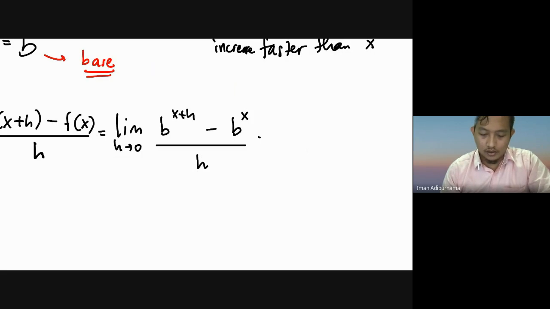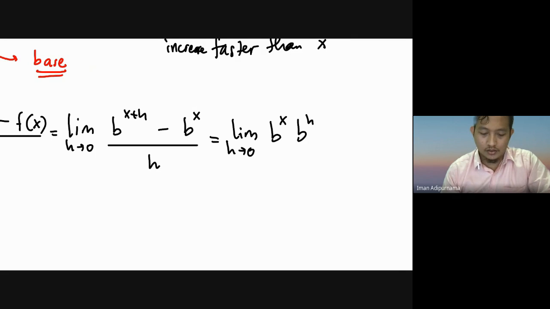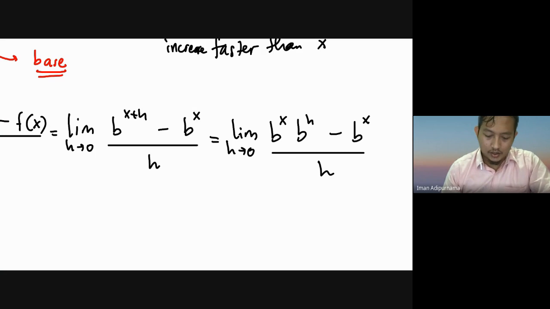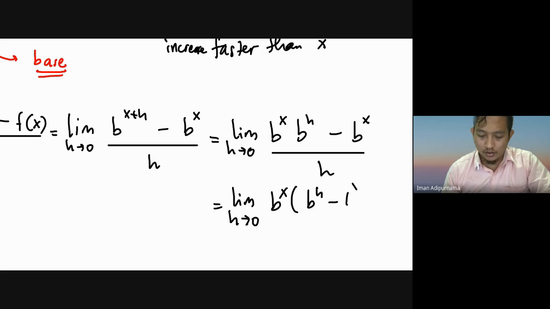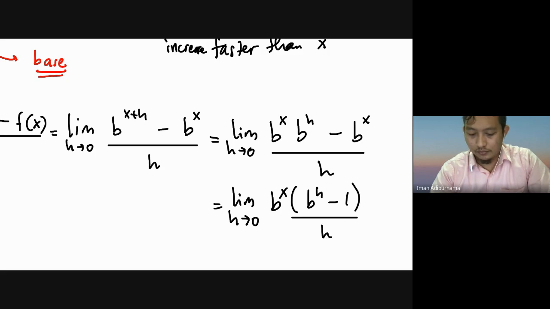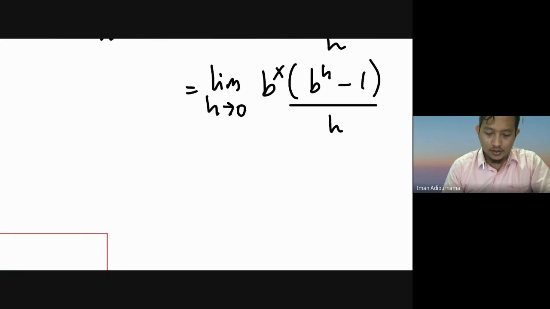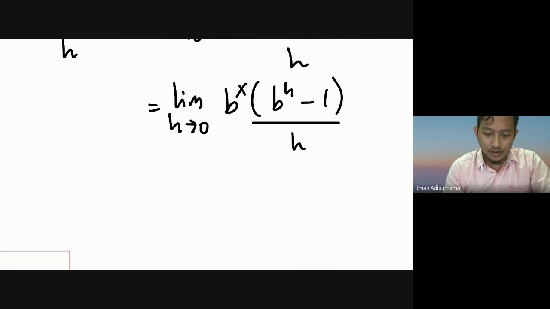We can simplify and make it into b to the x times b to the h, and then b to the x times b to the h minus 1, divided by h. Now this b to the power of x doesn't depend on h, so I can factor b to the power of x out.